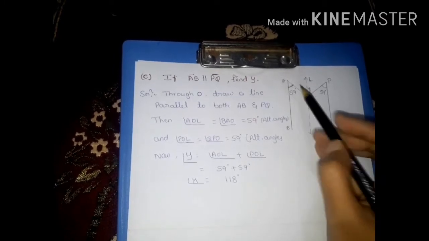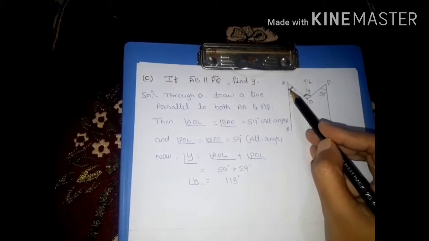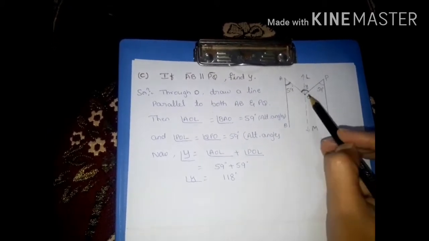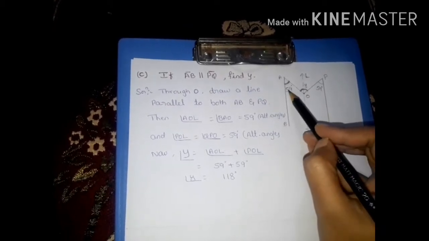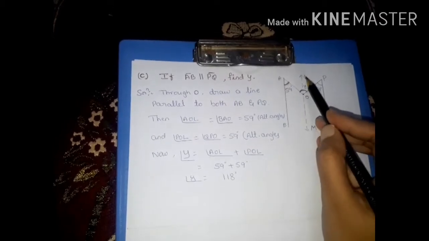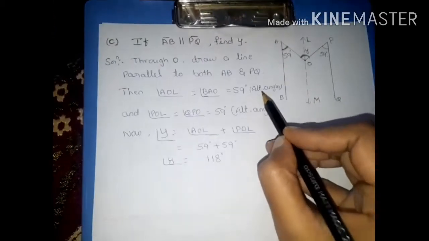AOL and BAO, these two angles are alternate interior angles. Alternate interior angles are always equal when these two lines are parallel. If it is 59 degree, this is also 59 degree. Then AOL is 59 degree because of alternate interior angles.